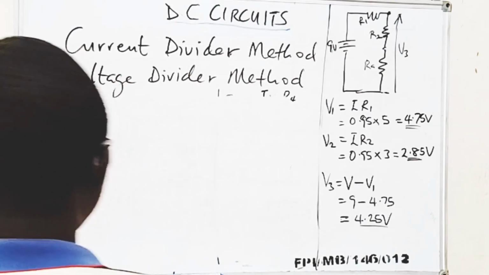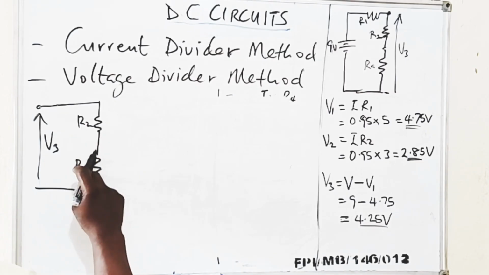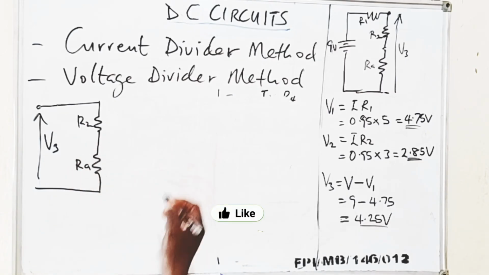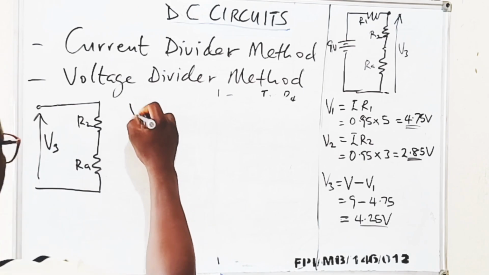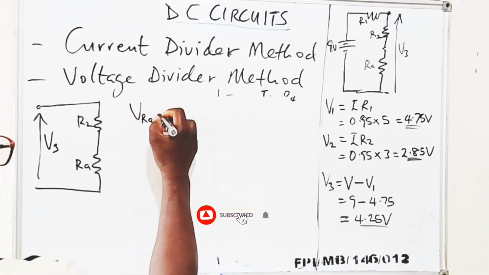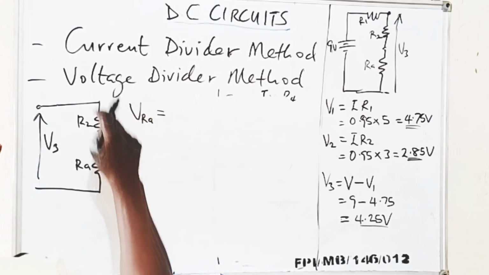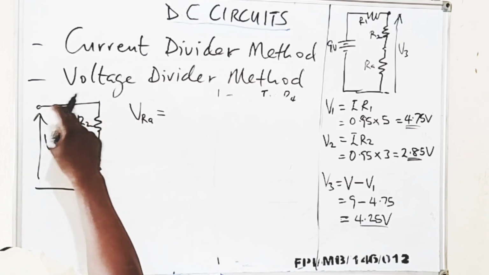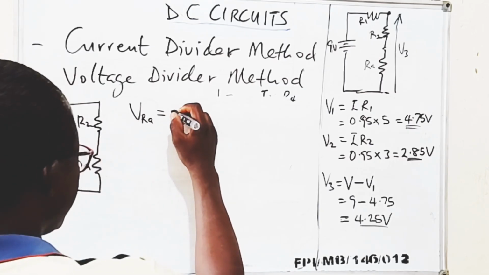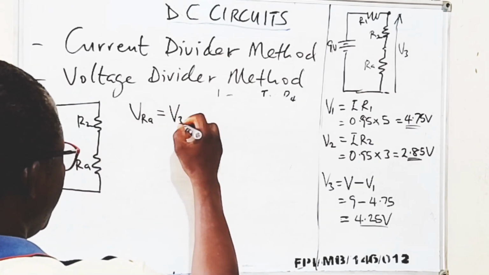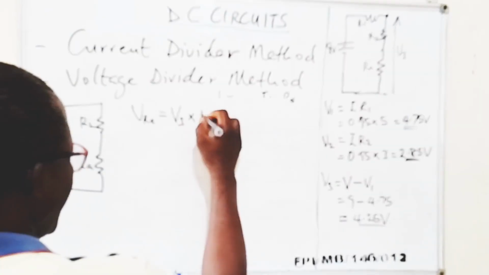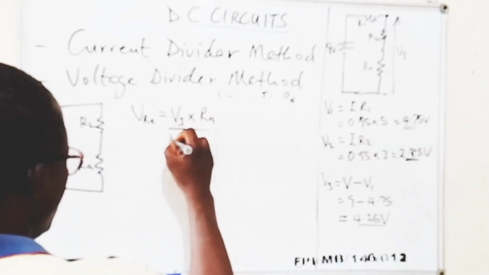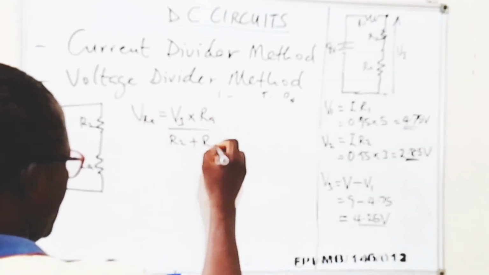To determine the voltage across RA, which is of interest to us, we use the voltage divider method in this manner. VRA equals the total voltage here, that is V3, multiplied by RA over R2 plus RA.